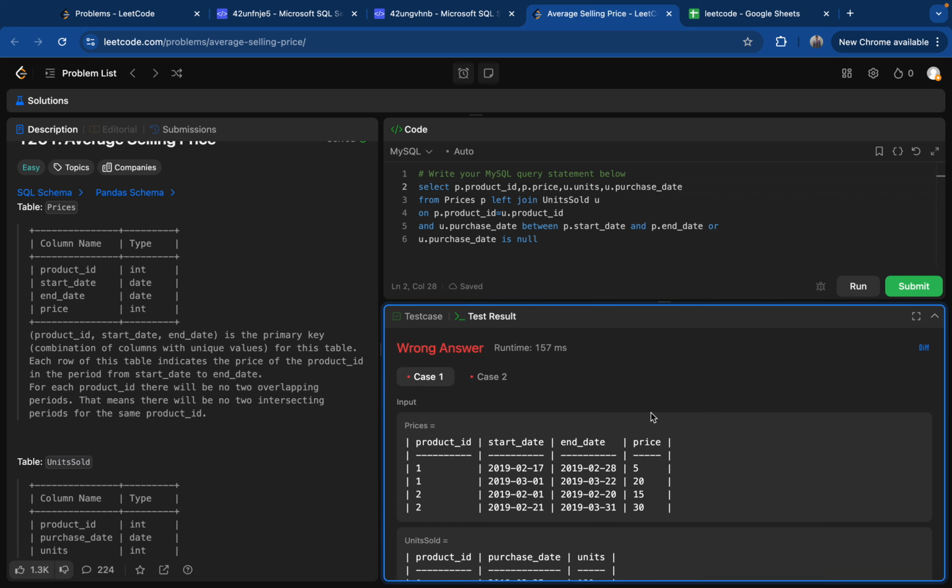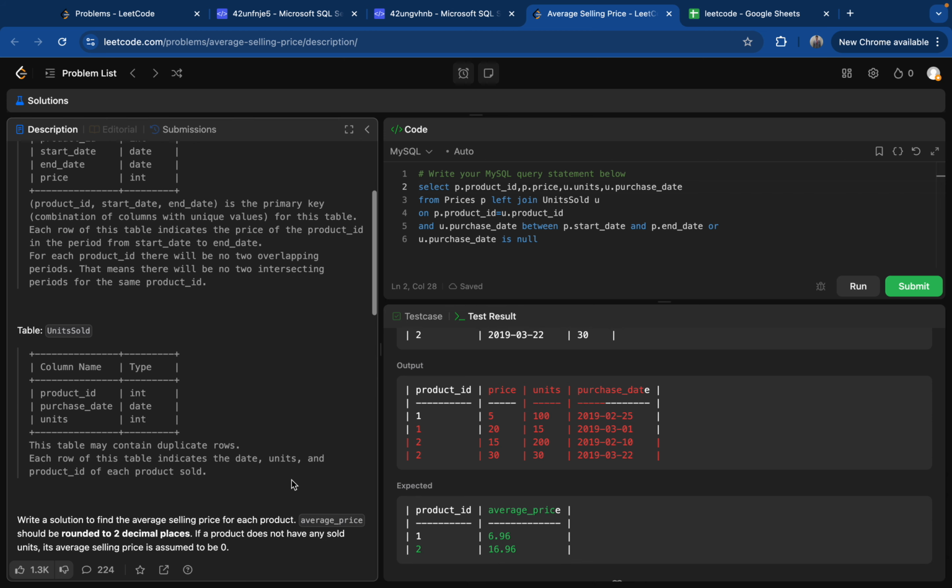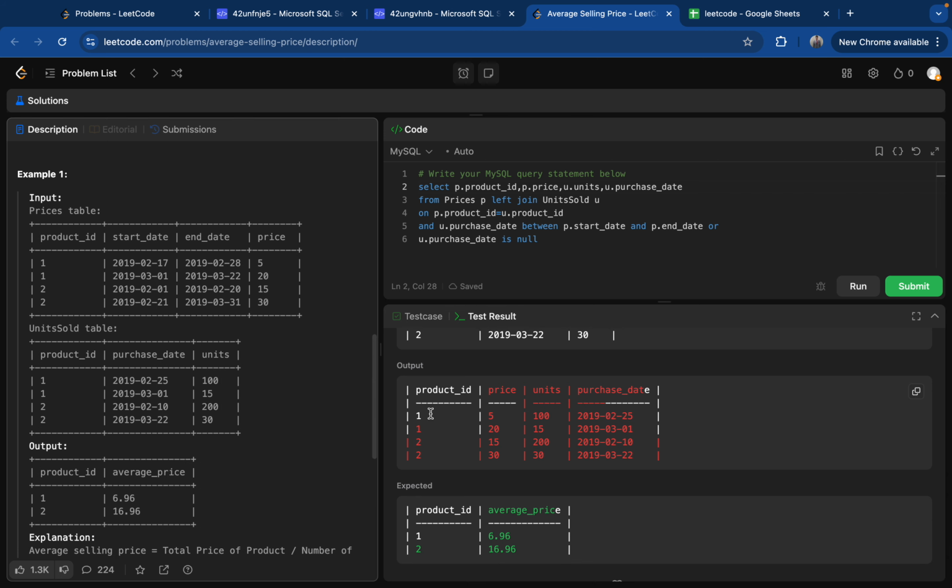For product id 1, I'll scroll to the left. The price was 50 and how many units were bought? 100 units were sold during this day. So now we got all the information.